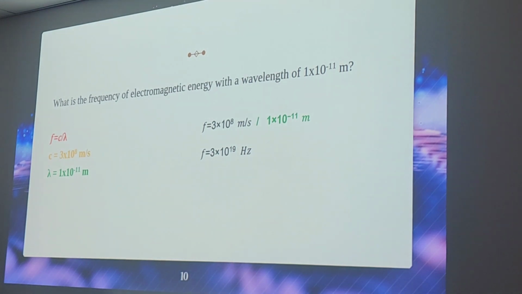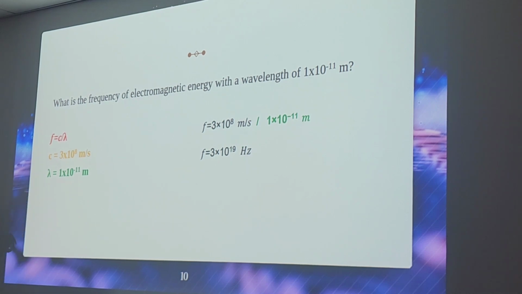So, question. What is the frequency of electromagnetic energy with a wavelength of 1 times 10 to the negative 11 meters? What's the formula for velocity? Frequency times wavelength.